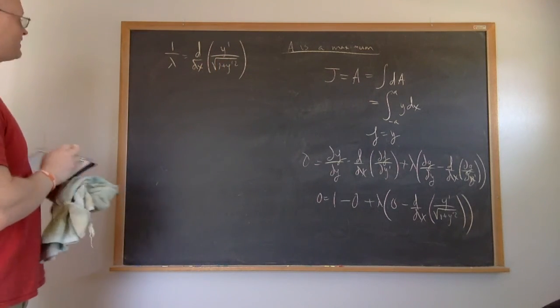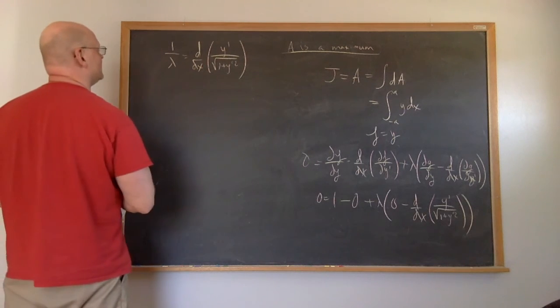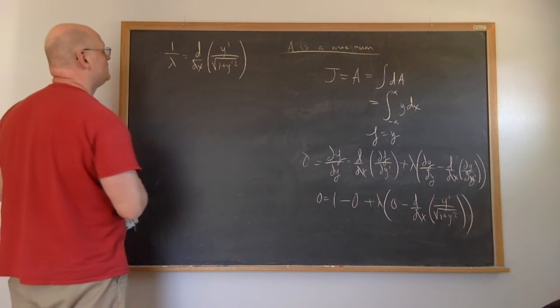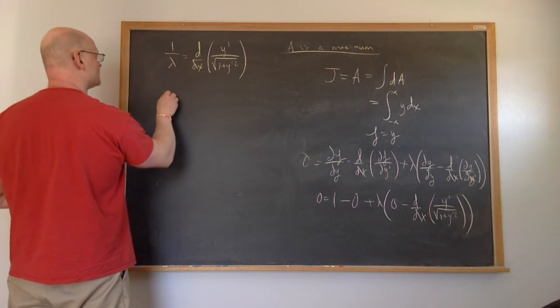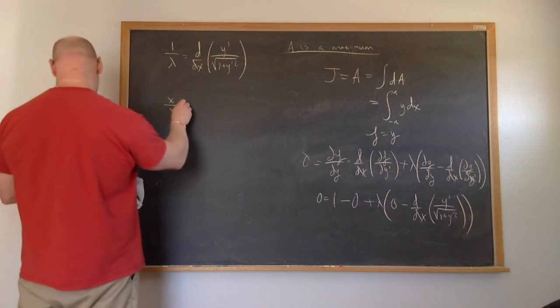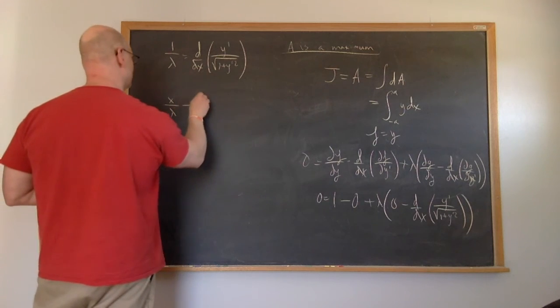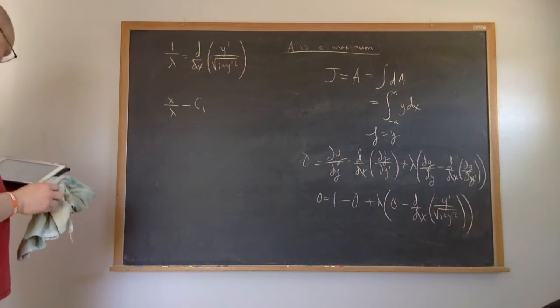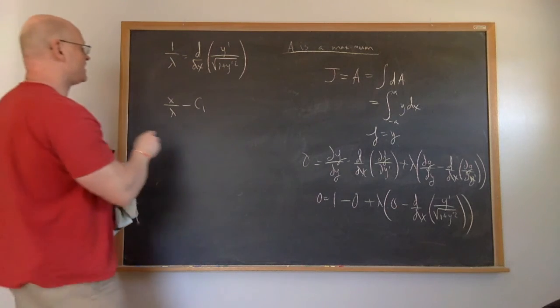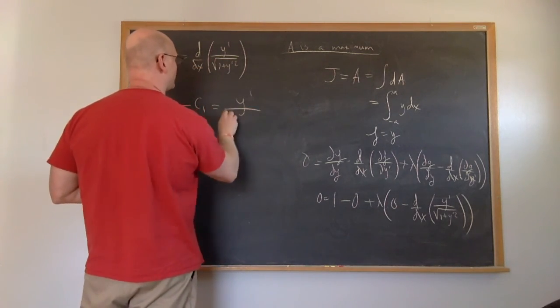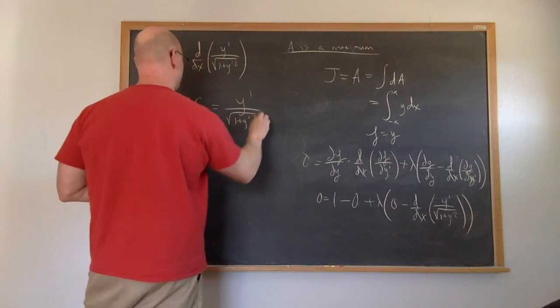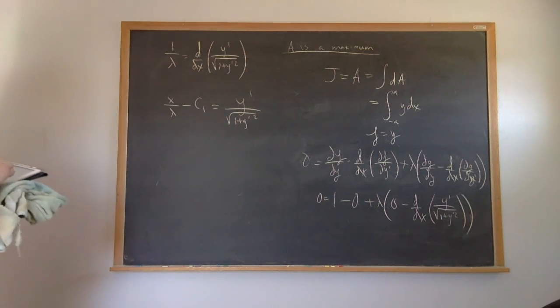From here, we can separate and integrate. The left-hand side is going to become simply x divided by lambda plus some sort of constant, so in this case I'm going to subtract off c1. And the right-hand side is going to become simply y prime divided by the square root of 1 plus y prime squared.